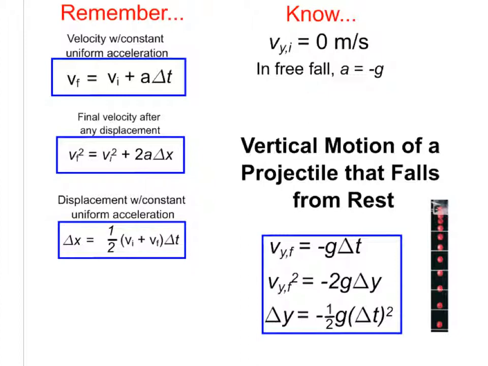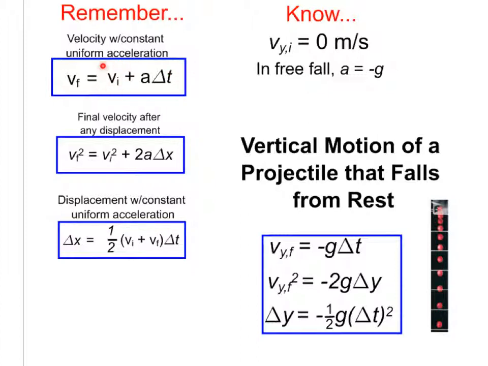We're going to go back and remember all those wonderful kinematic formulas that we learned last unit. I wrote some of them down right here so that we can look at them. This one right here, velocity with constant uniform acceleration, we're going to apply this because we know that if we start in this free fall, with this initial velocity of 0, then we can simply rewrite this equation.